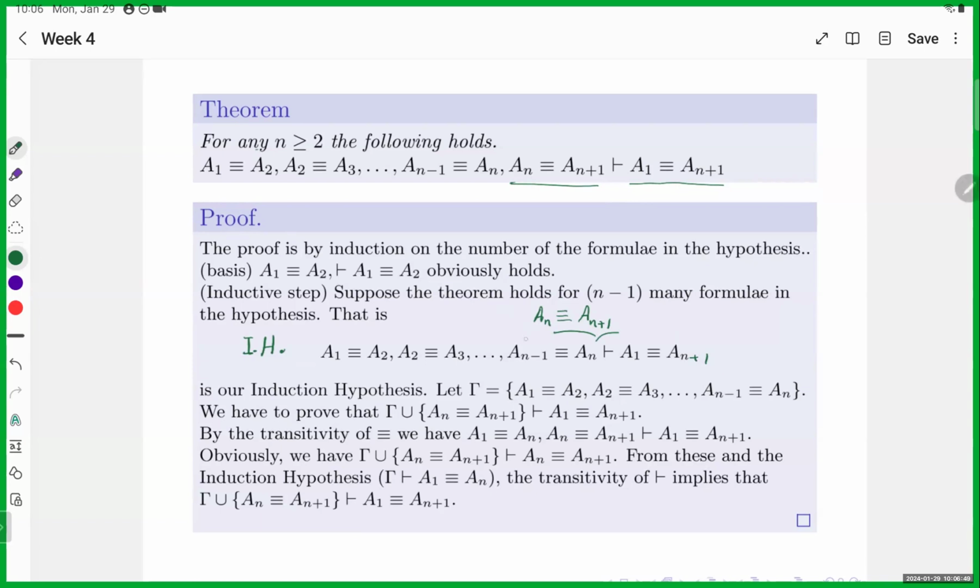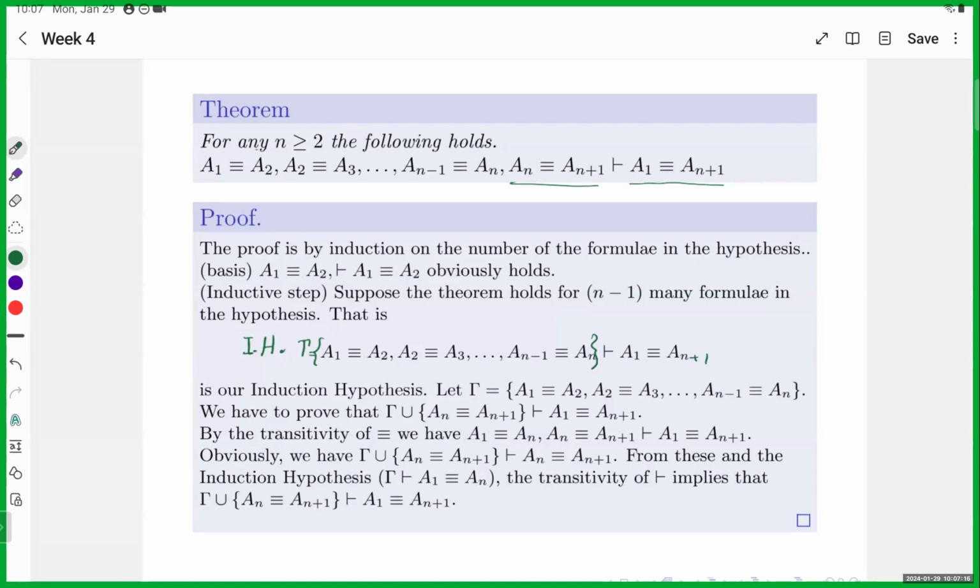Well, here again, the idea is to apply the transitivity, and also the transitivity of the proof symbol. If I call this set here gamma, then gamma is the set of hypotheses, and I know it implies A1 is equivalent to AN.